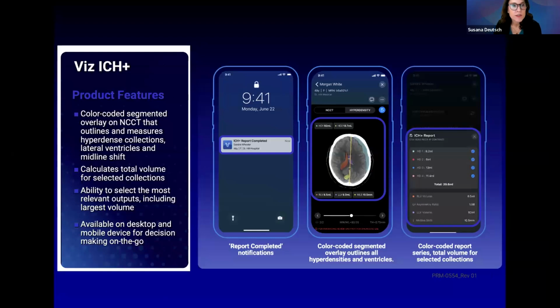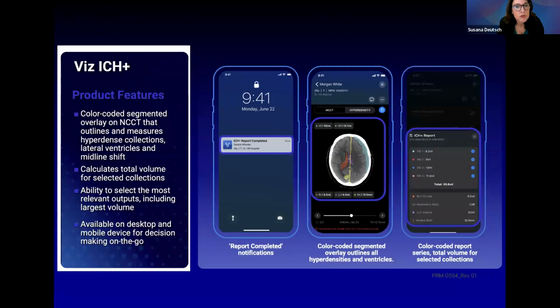Okay, so Viz ICH+ is our latest algorithm in our Viz hemorrhage suite, which includes ICH and SDH detection, and now measurements of acute ICH. In this slide, you can see that the algorithm will send a notification telling you when a report has been completed.